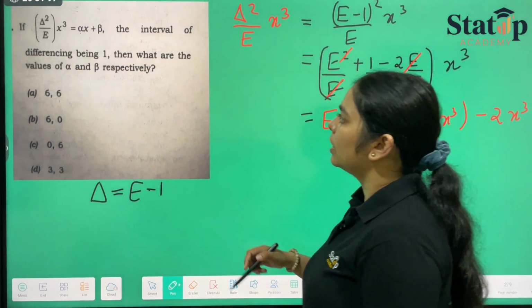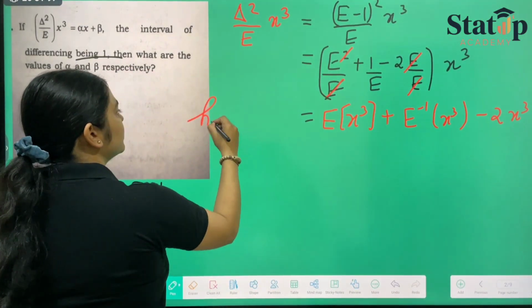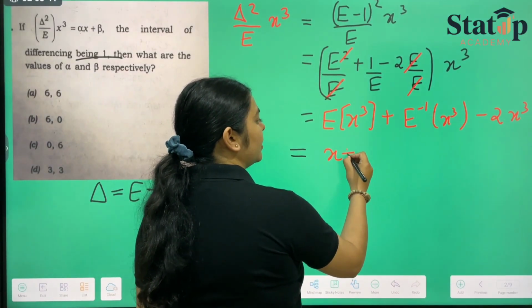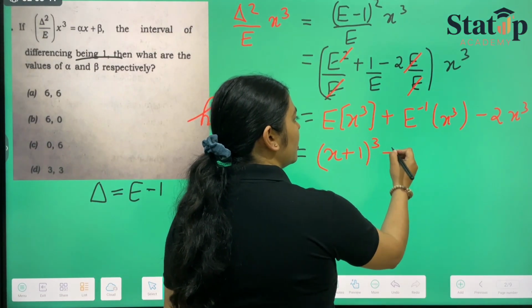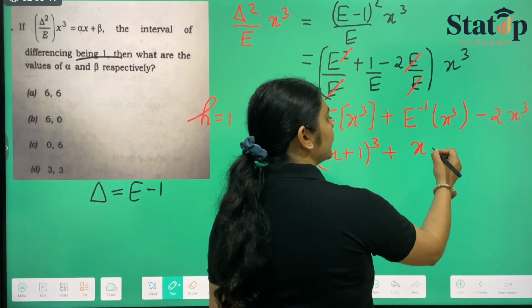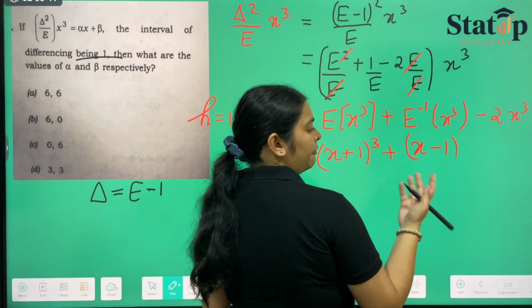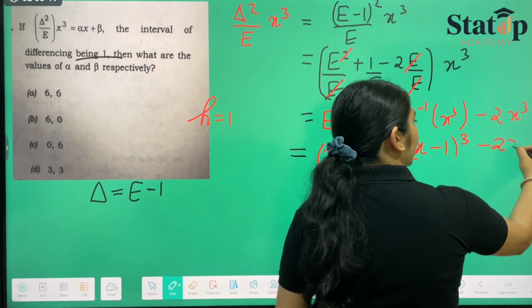Now here the interval of differencing being 1, so h is 1, here E of x will be x plus h whole cube, which will be x plus 1 whole cube, plus this will be x minus 1 whole cube, because the power is minus 1, whole cube minus 2x cube.